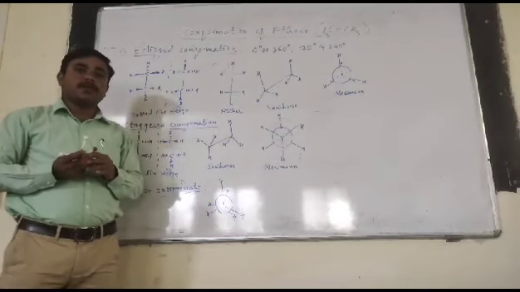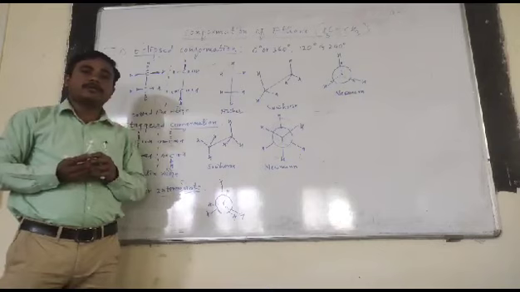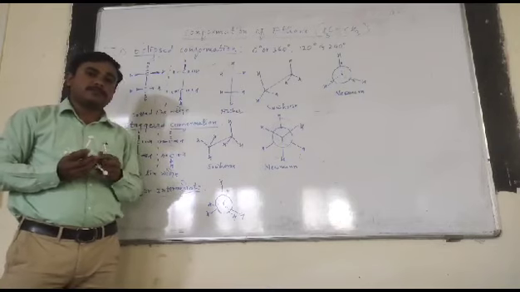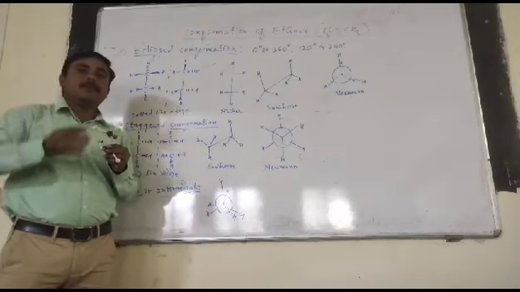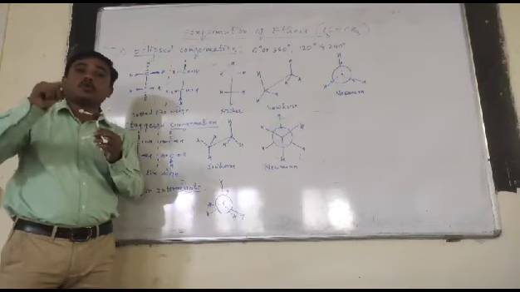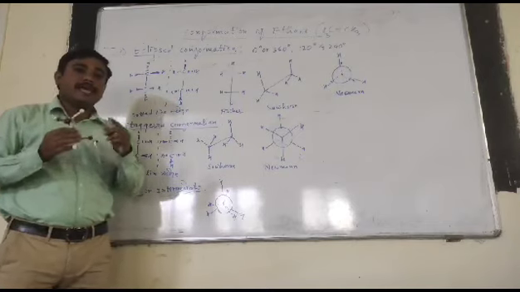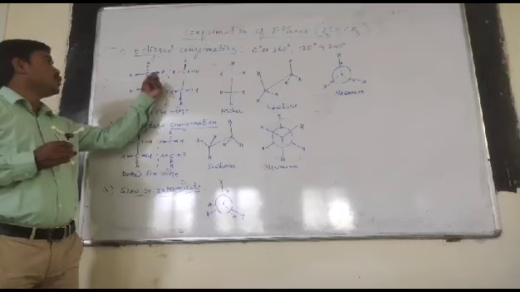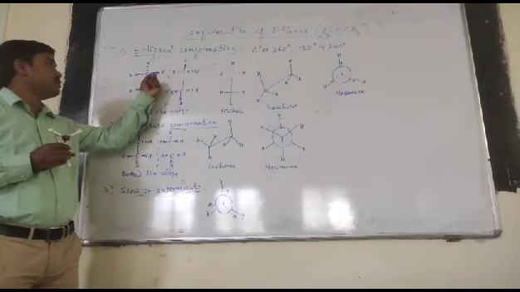In this projection formula, those atoms which are present above the plane of paper or towards the observer are represented using wedge lines.